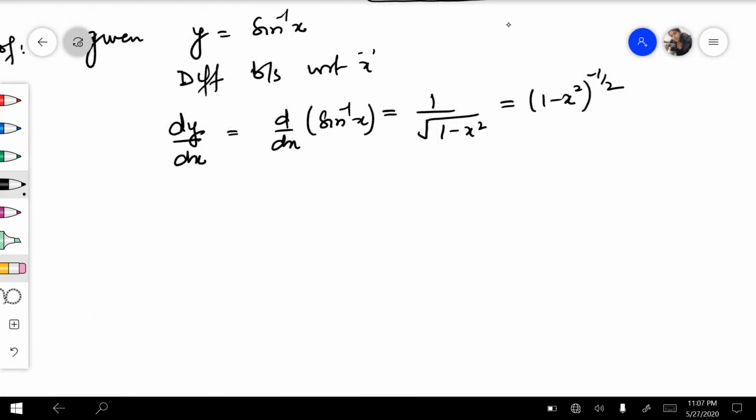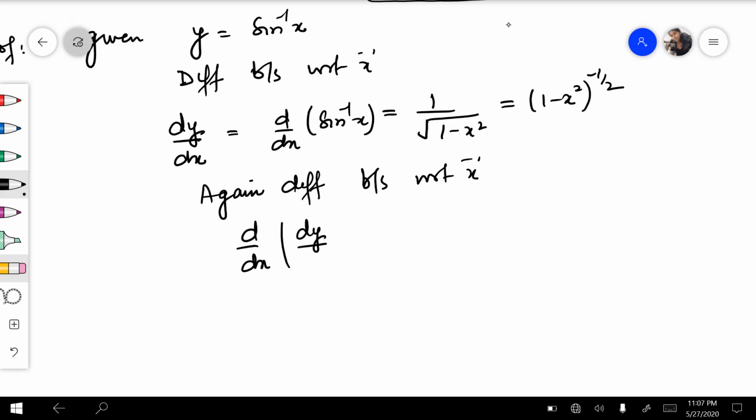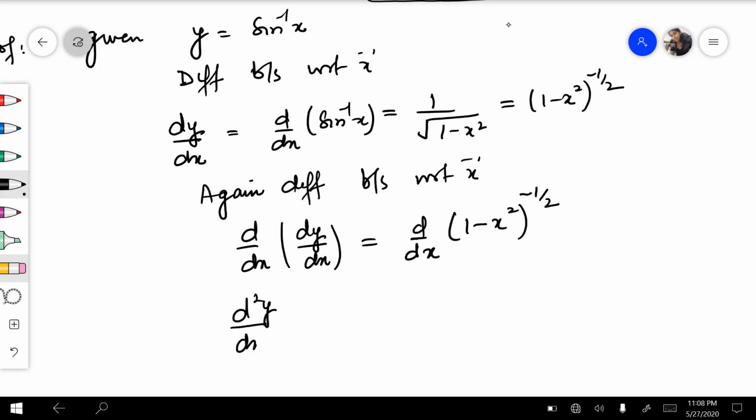Now, for finding the double derivative, again differentiate both sides with respect to x. This gives you d by dx of dy upon dx is equal to d by dx of 1 minus x square raised to power minus 1 by 2. The left hand side becomes d2y upon dx square.